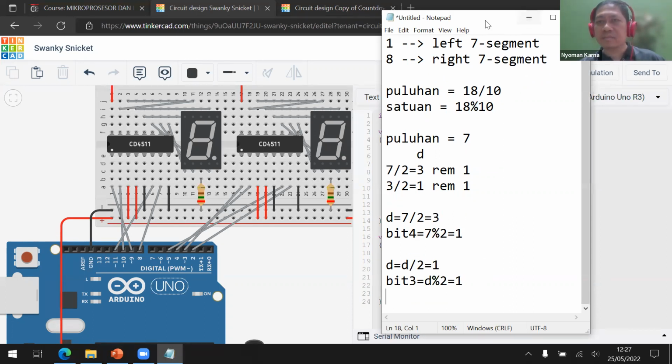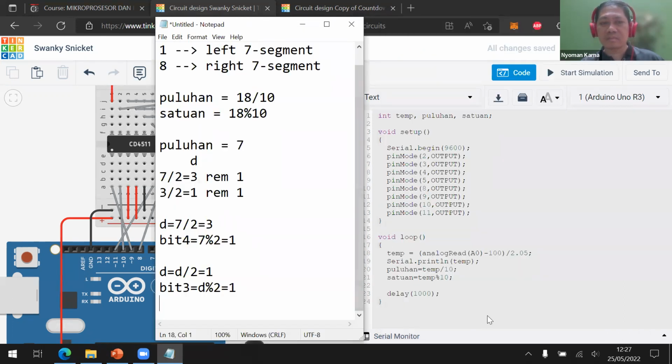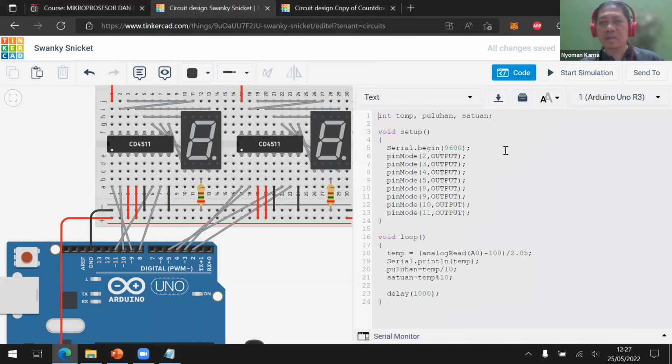Okay. So we need the D. Now, okay. D is temperature divided by 2. And then we're going to send the, sorry, not temperature, but puluhan divided by 2.